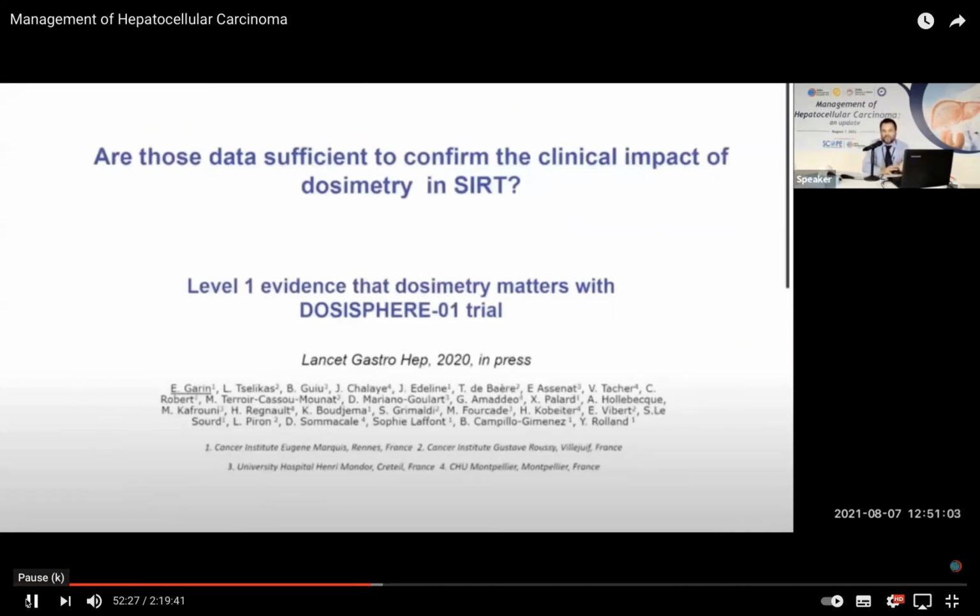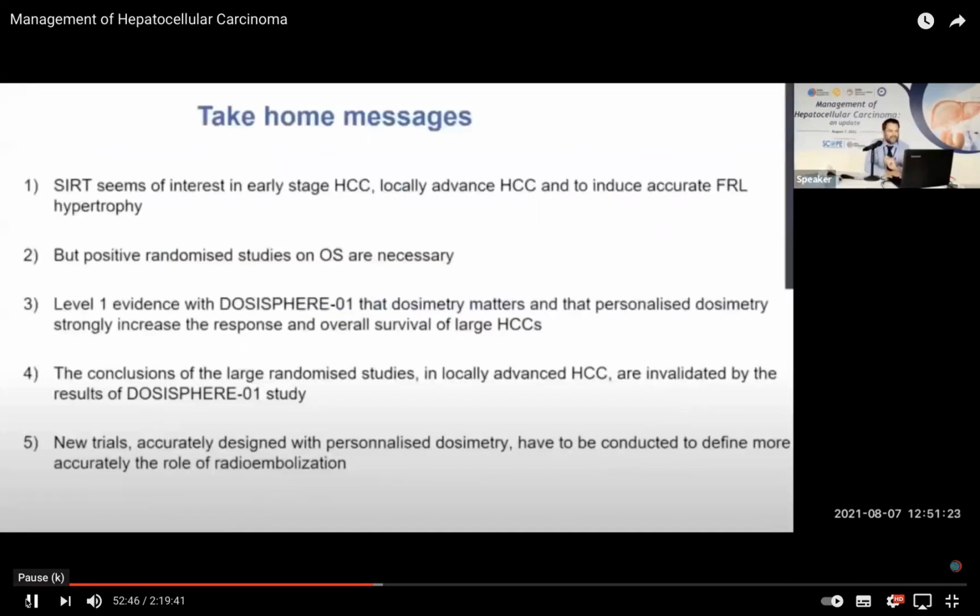Most of our cases were colorectal mets, but you can also do it in breast cancer mets and in cholangiocarcinoma. The one problem with TARE is that the bilirubin cutoff is 2, not the conventional 3. So you do need to have good liver function. When you're dealing with cirrhotic patients, that's one of the considerations to bear in mind.